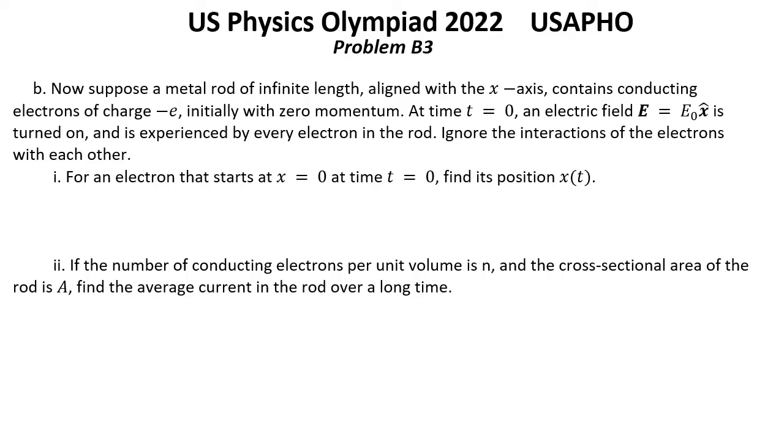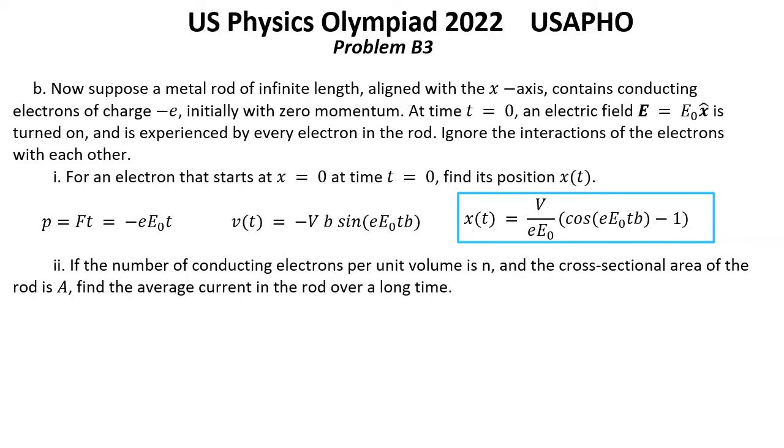Solution. The momentum is force F multiplied by time t, which is negative e multiplied by E0 t. So using the result of part A1, we have v as a function of t equal this expression.